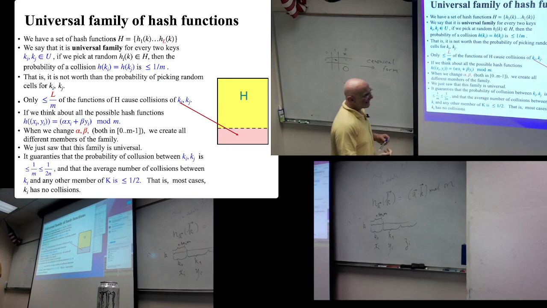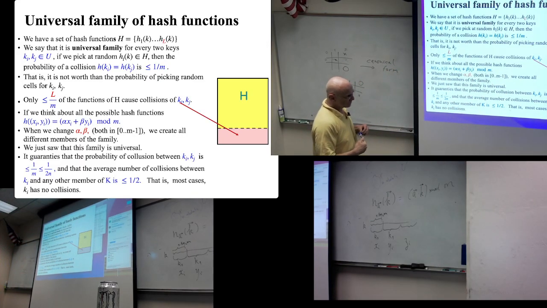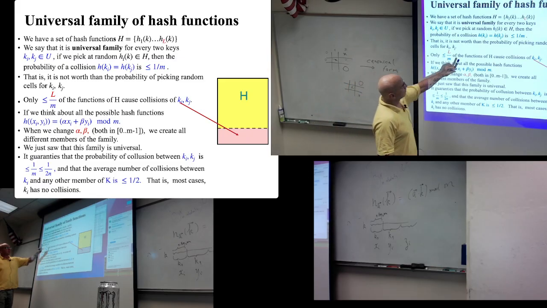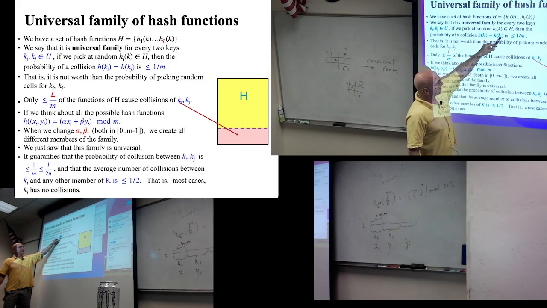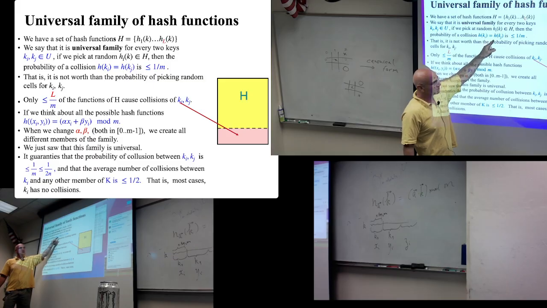So every vector a of constants defines a different member. And I want to tell you what will make our family a good family. Now, if I pick two keys, ki and kj, I'll always find hash functions that cause them to collide.